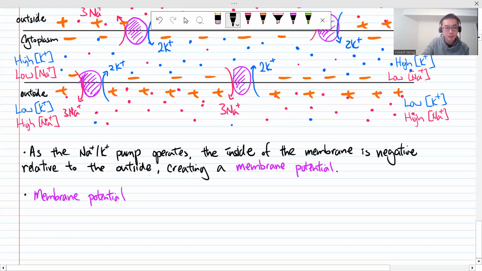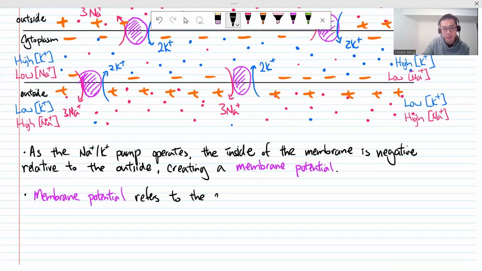Membrane potential refers to the charge difference across the cell membrane.